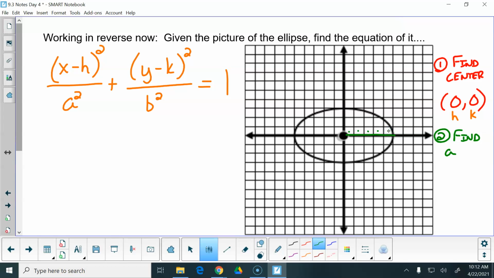So a is 5. So a squared is 25. Love it. Okay. Then we'd want to do what? So we want this distance to be b. This distance, that's going to be a. So that's going to be 1, 2, 3.